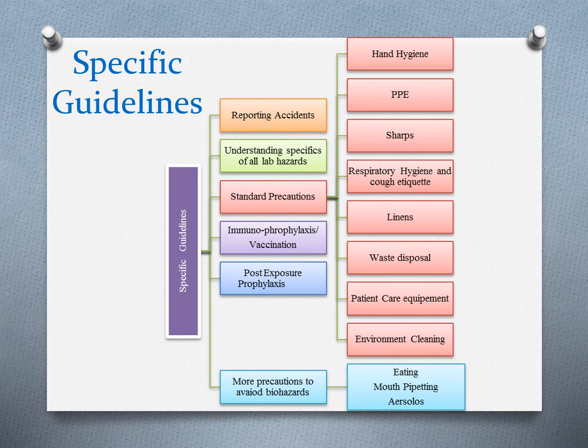The next is immunoprophylaxis or vaccination of all healthcare employees in the laboratory as well as the entire hospital. Post-exposure prophylaxis, which is also discussed in detail separately, and other measures to avoid biohazards.